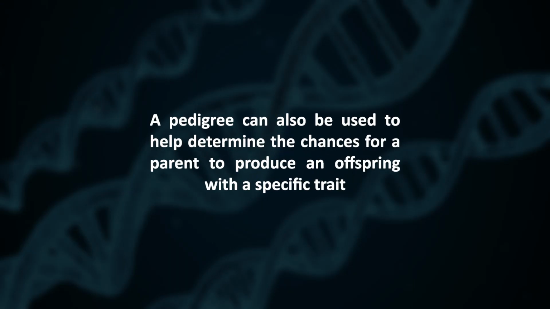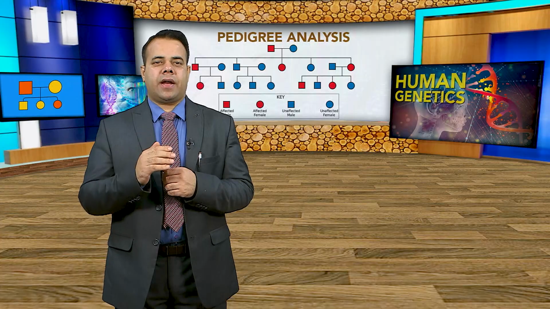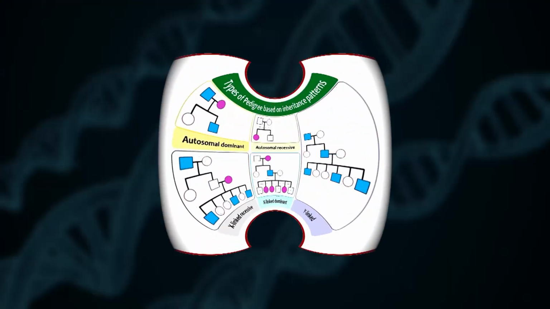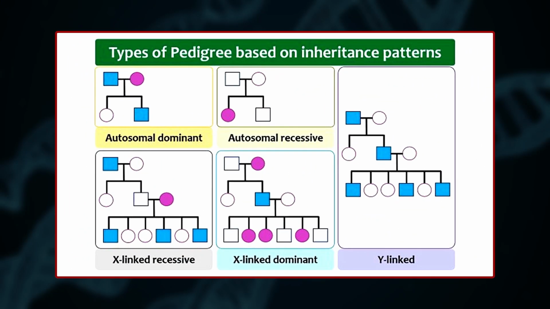A pedigree can also be used to help determine the chances for a parent to produce an offspring with a specific trait. Four different traits can be identified by pedigree chart analysis: autosomal dominant, autosomal recessive, X-linked or Y-linked.